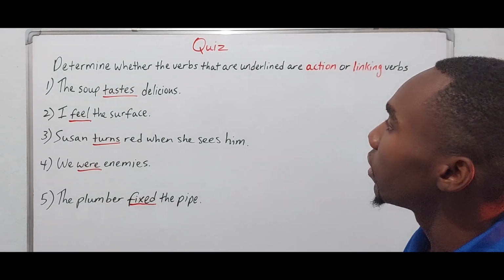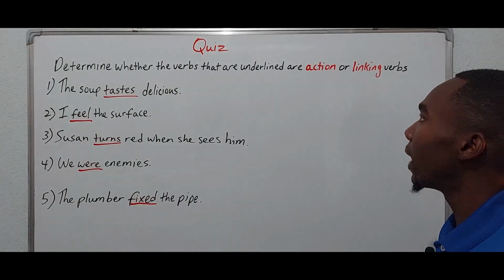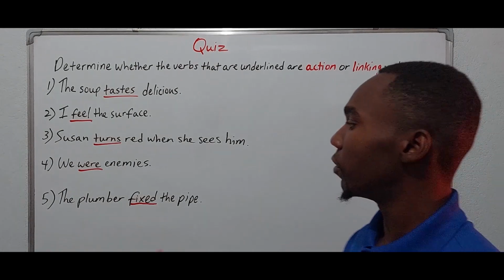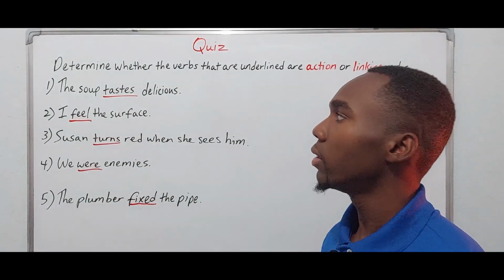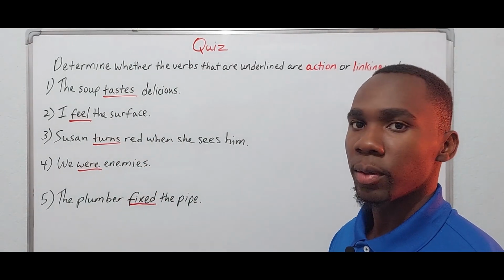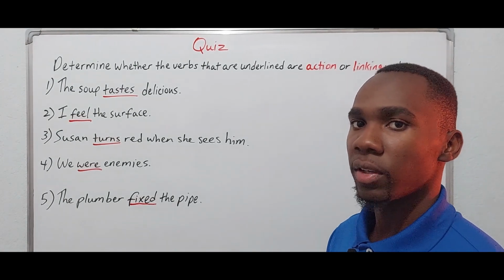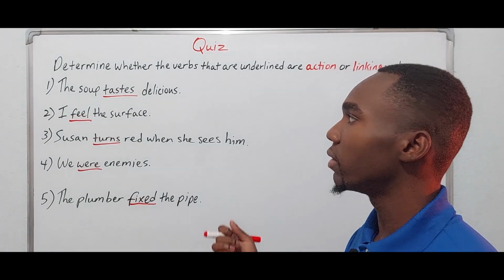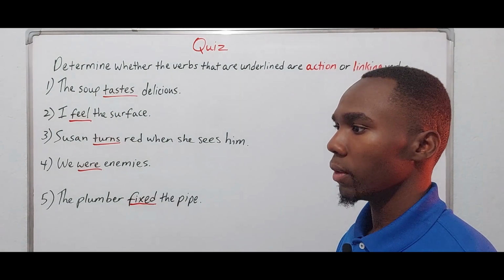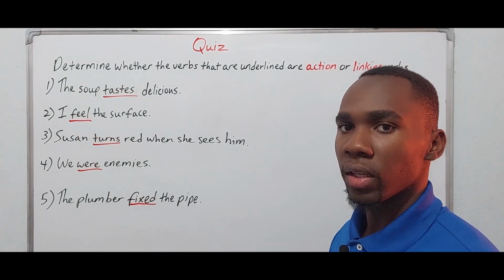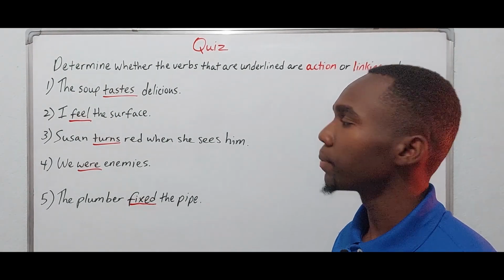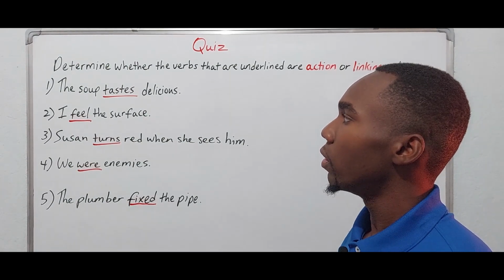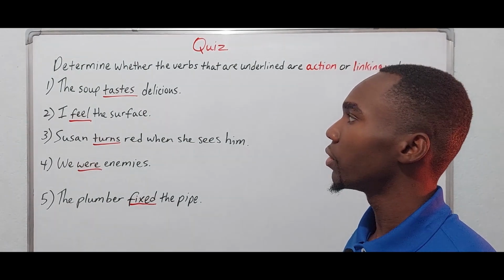So determine whether the verbs that are underlined are action or linking verbs. So the verbs that you see underlined in red, you have to determine whether these verbs are action or whether these verbs are linking verbs. So you have to read the sentence and determine what is the context, right? So 1, the soup tastes delicious.